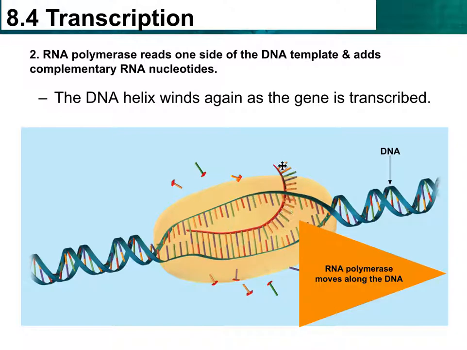This part here, the whole thing, is newly synthesized RNA. Kind of a repeat of what I said earlier. We said it was a growing RNA strand, but this is the newest part of it here. And the big blob, remember, is RNA polymerase, which makes up the transcription complex.